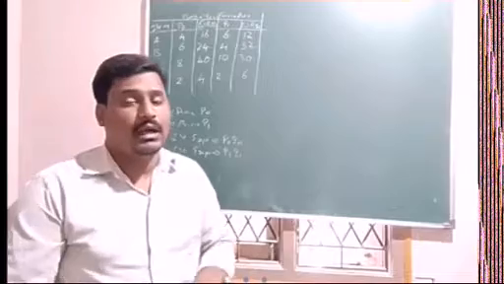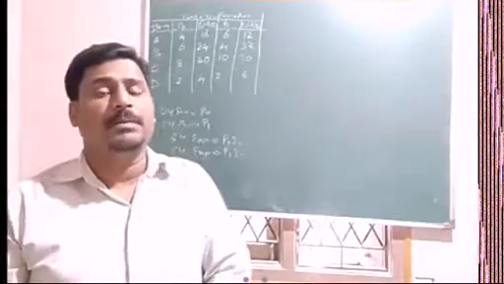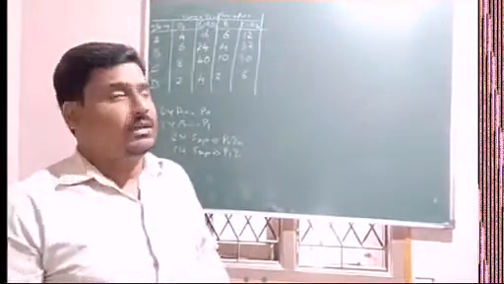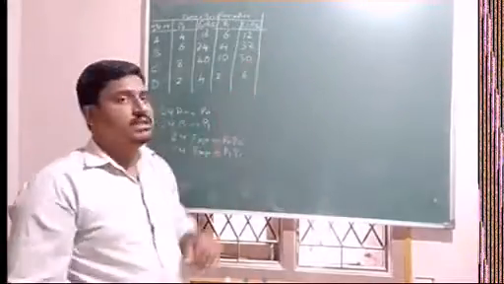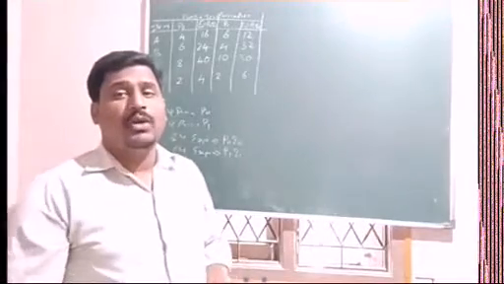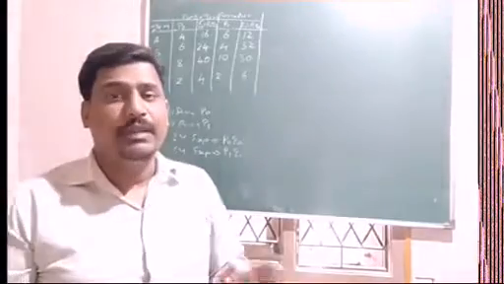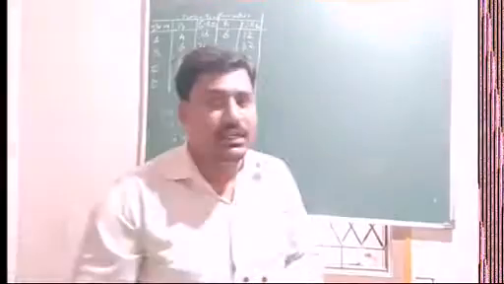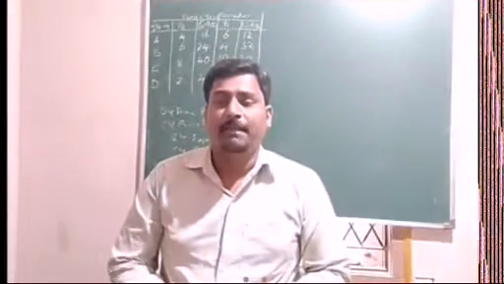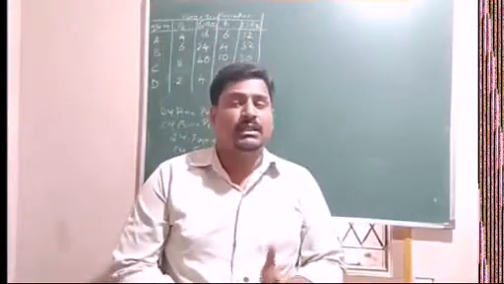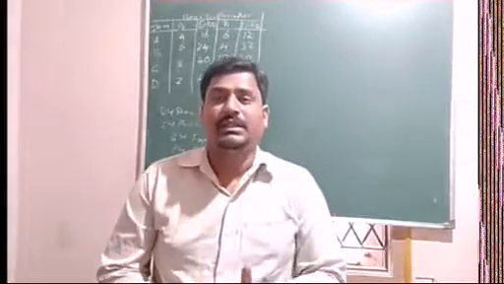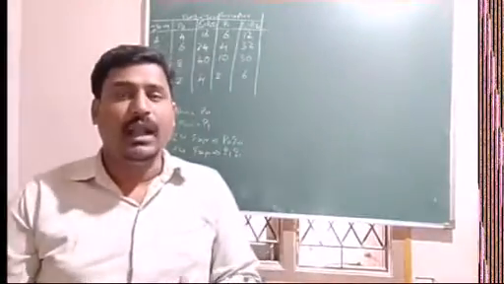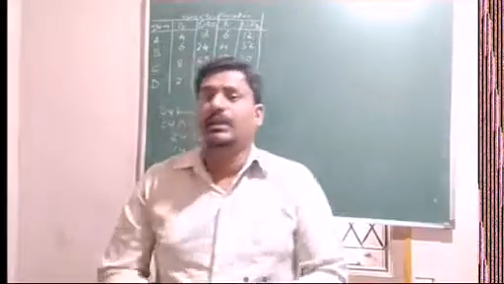And for Paasche index number, we need current year quantity. P1 Q1 is there already. One more column we have to calculate, that is P naught Q1, because Laspeyres takes base year quantities as weights and Paasche takes current year quantities as weights.